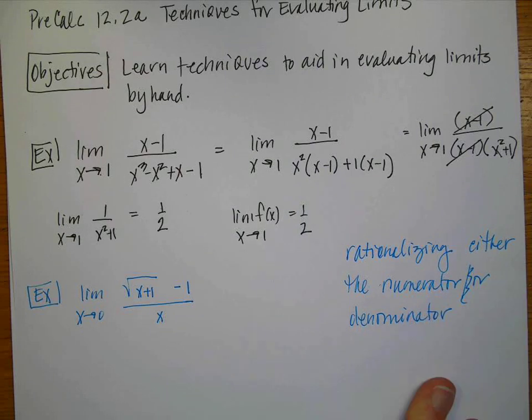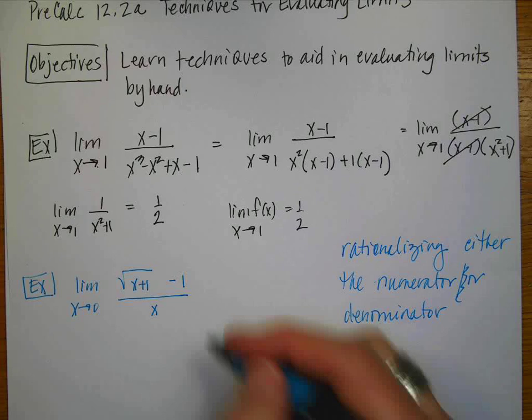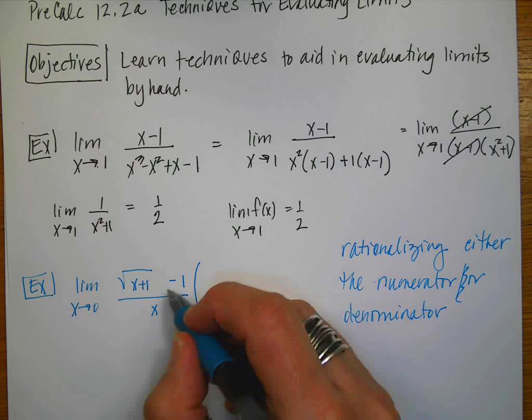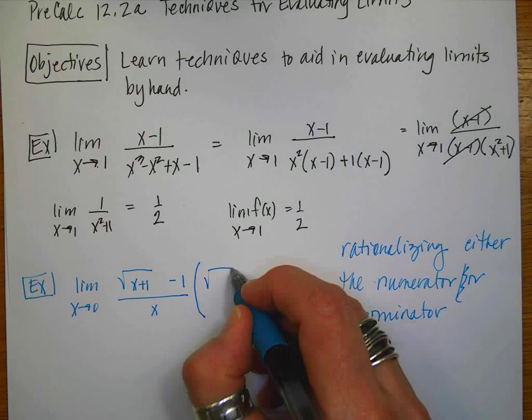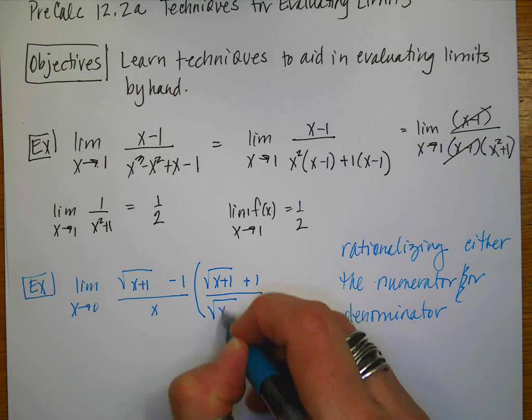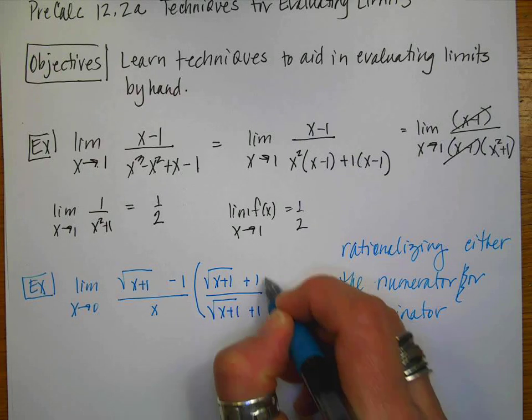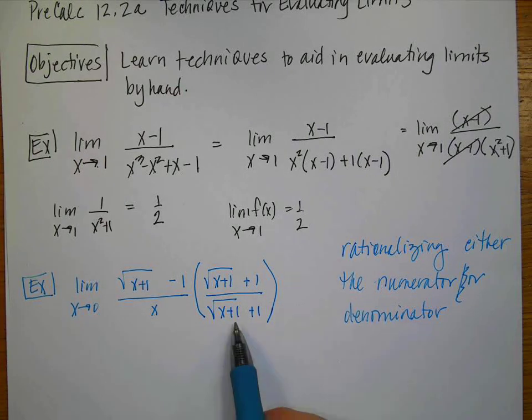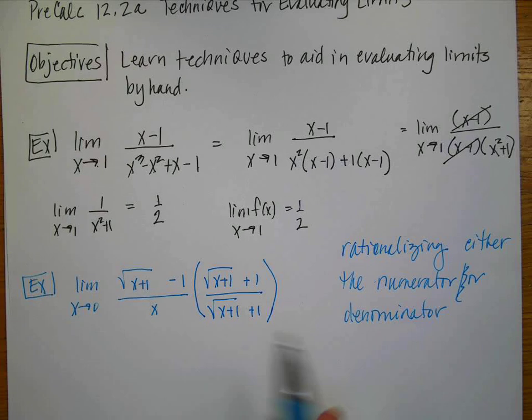So the goal is to get rid of the indeterminate form. I'm going to rationalize the top, multiplying by the square root of x plus 1 plus 1 over the square root of x plus 1 plus 1. Remember, this is 1, it's just a cool 1, and I'm going to multiply it by this.